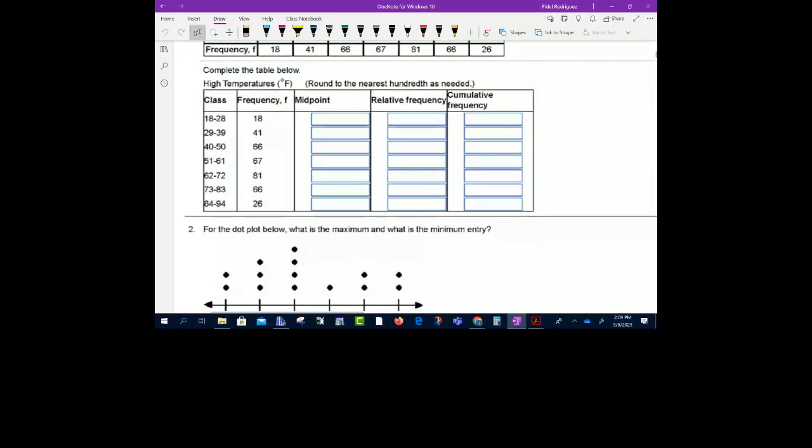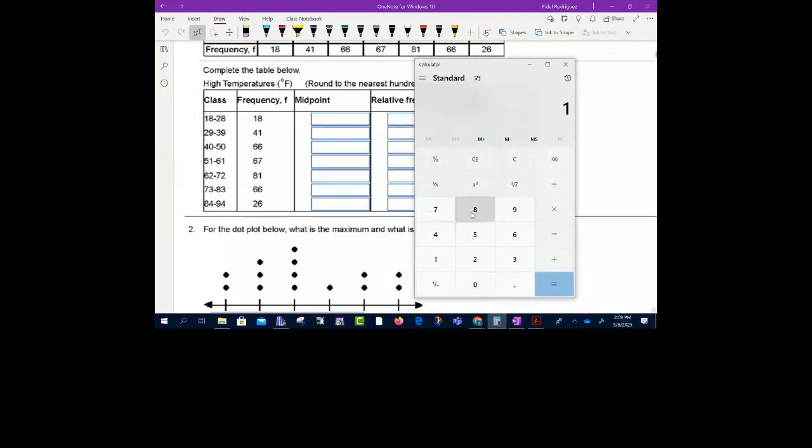So let's see. First question, does anybody remember how do we find the midpoint of a class? Anyone remember? There we go. Awesome. Very good, y'all. We're going to take 18 and 28 and add them together. 18 plus 28. And then we're going to what?